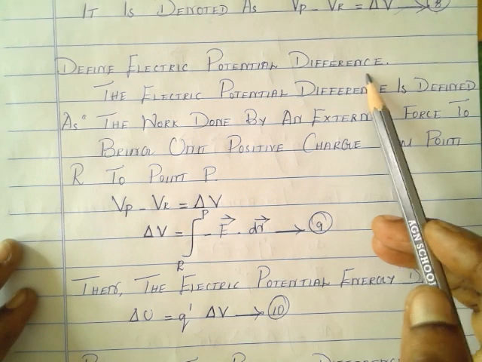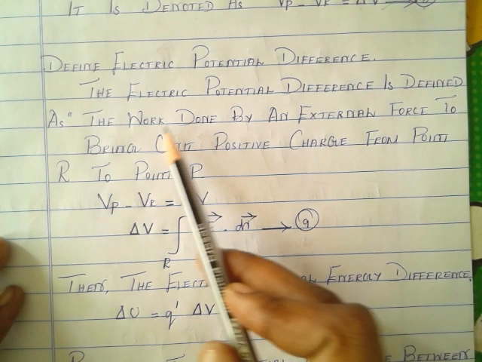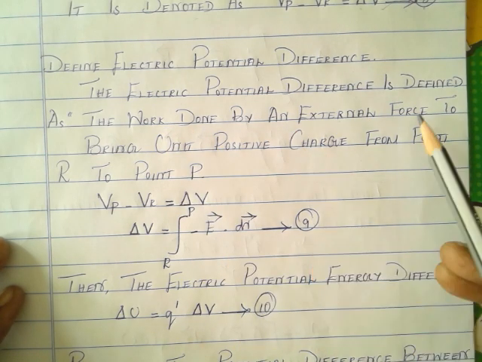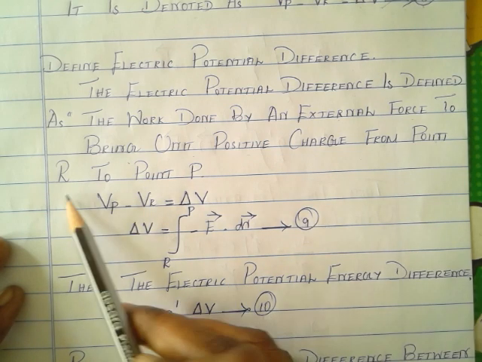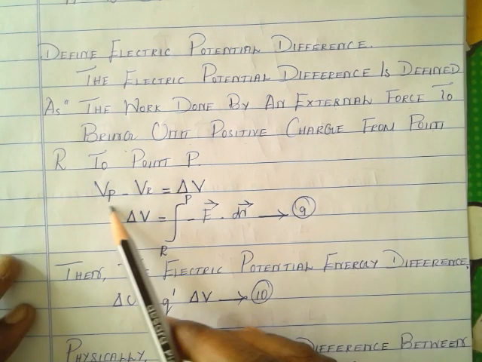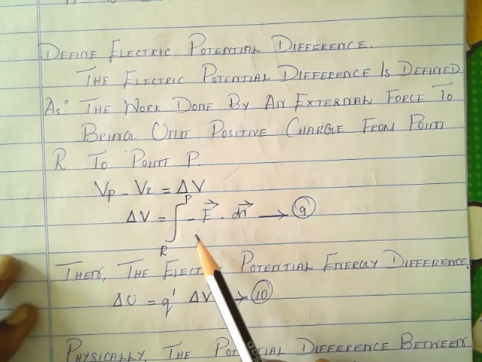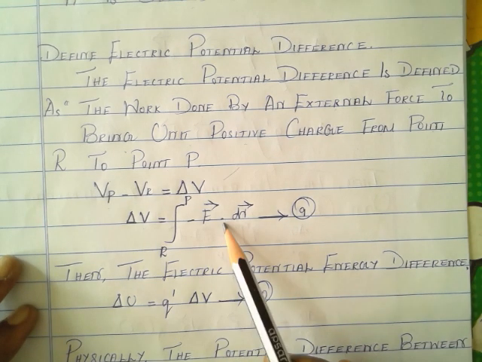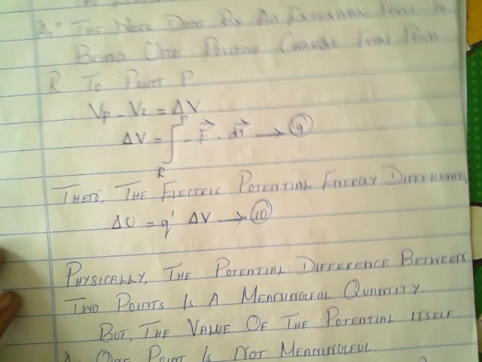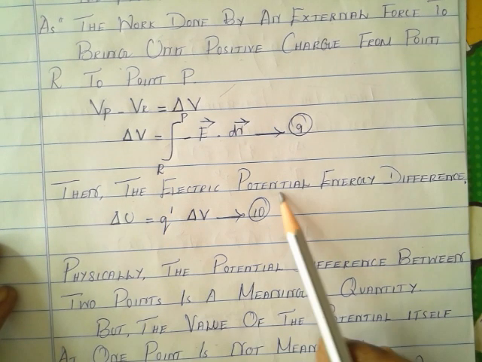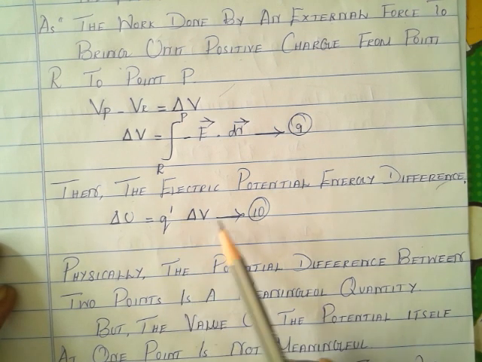Note down this. The electric potential difference is defined as the work done by an external force to bring unit positive charge from the point R to point P, that is Vp minus Vr is equal to del V, which is nothing but del V is equal to integral R to P of minus E vector dot dr vector. This is equation number 9. Then the electric potential energy difference del U is equal to q dash into del V. This is equation number 10.